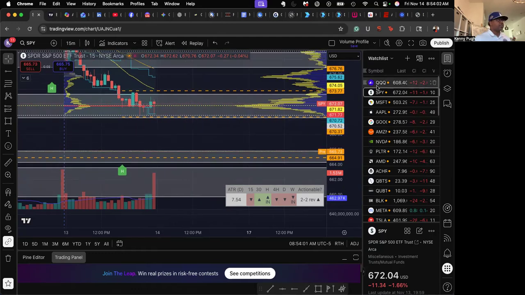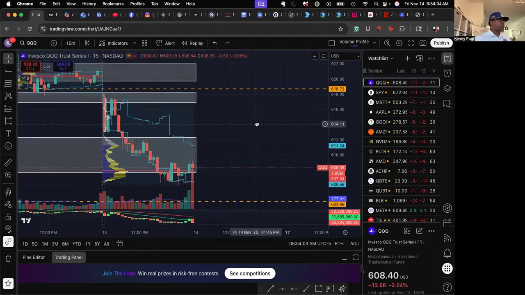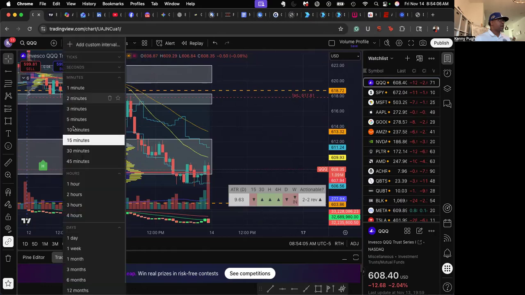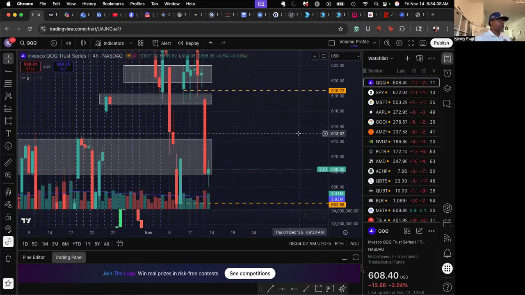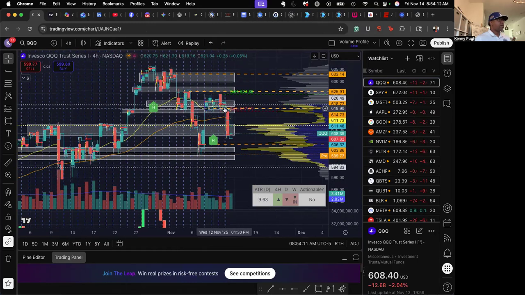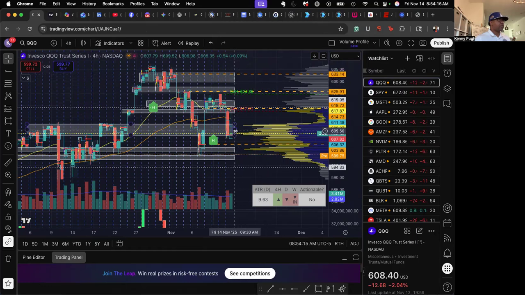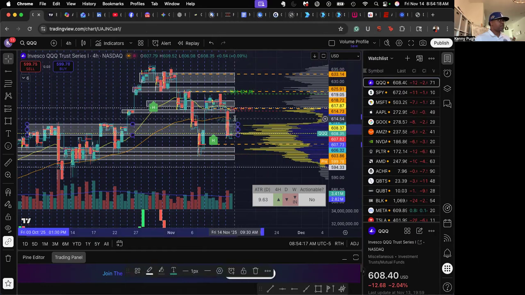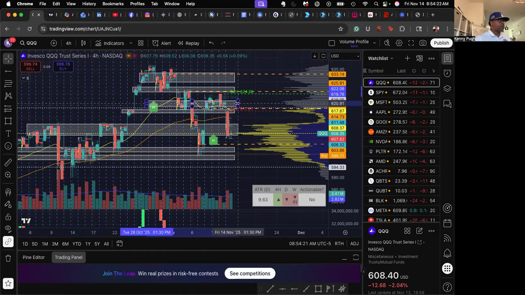All right, let's go ahead and drop down to the Qs, triple Qs, go back up to the 4 hour chart and see what we have here. Looks like pretty much these zones have already been taken care of. I did some of this analysis yesterday, so I won't take time to redo these zones.